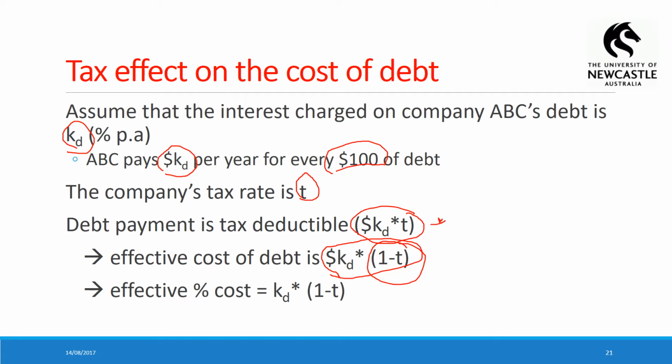So this is the amount of tax savings. This is the net amount of the cost of debt, right? If we take this divided by 100, it will give us the rate. So the after-tax percentage cost of debt is only KD times 1 minus the tax rate, yeah?